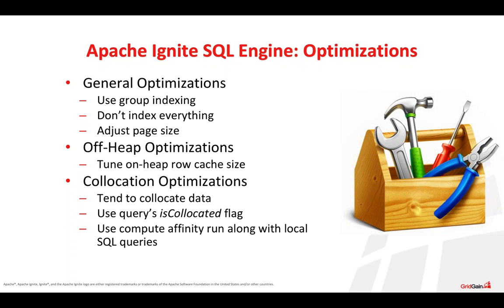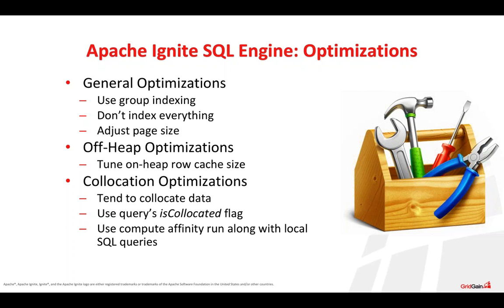The on-heap row cache defines the size of the space that is reserved for the rows of the indexes that are moved from off-heap space to on-heap during the query execution.